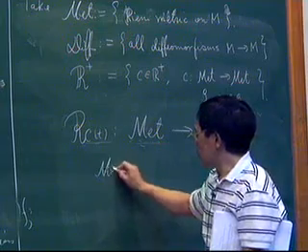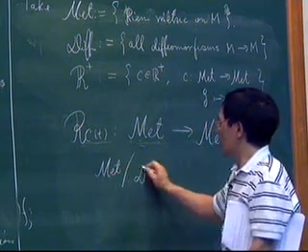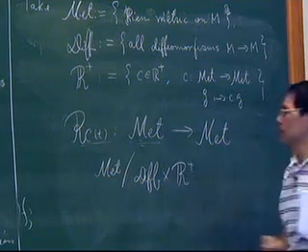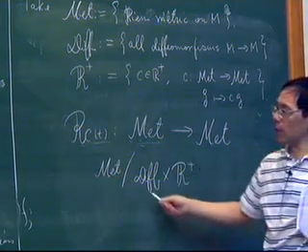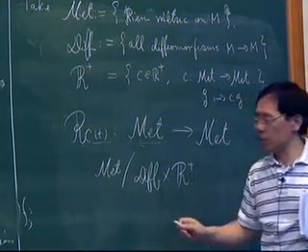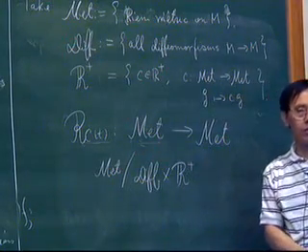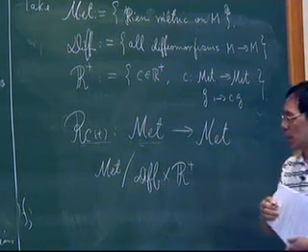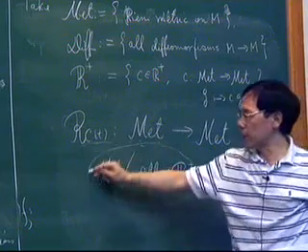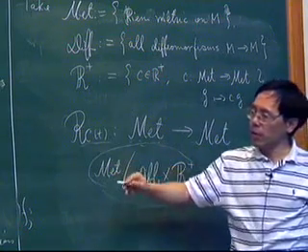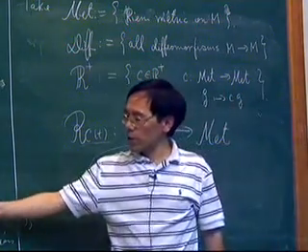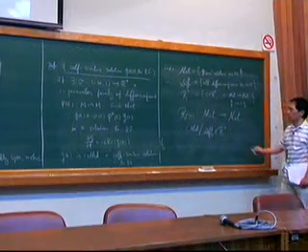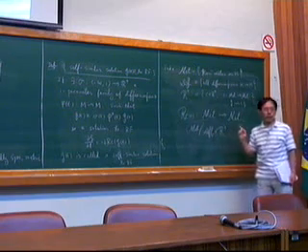If you take the quotient by diffeomorphisms and R plus, the self-similar solution is just the fixed point of Ricci flow. In this sense, the self-similar solution is exactly the fixed point of the Ricci flow on this space.